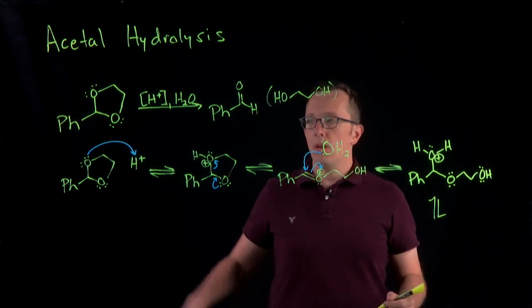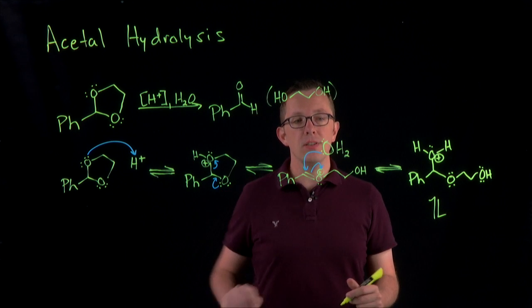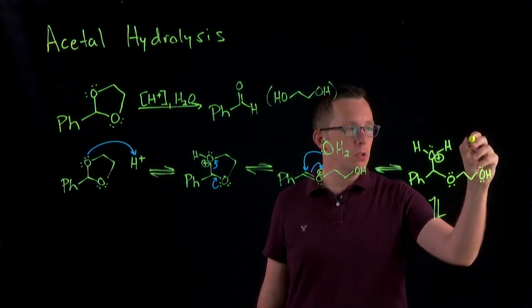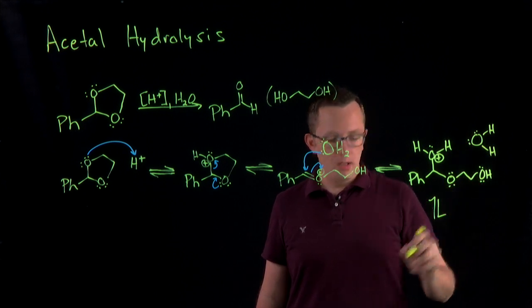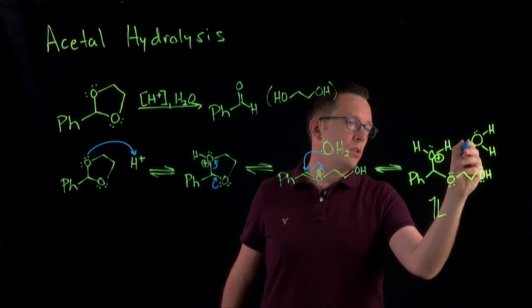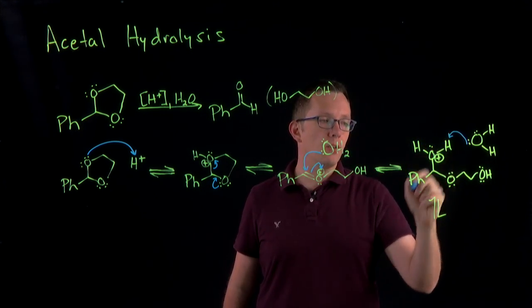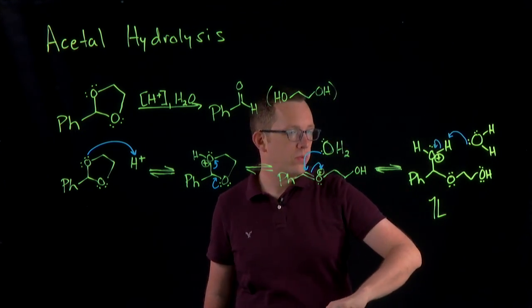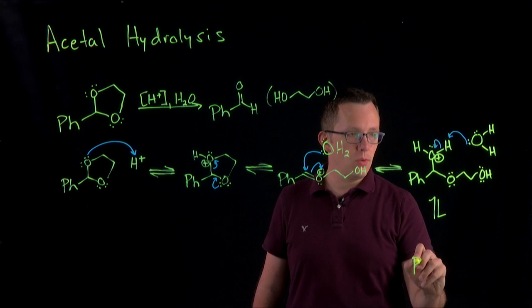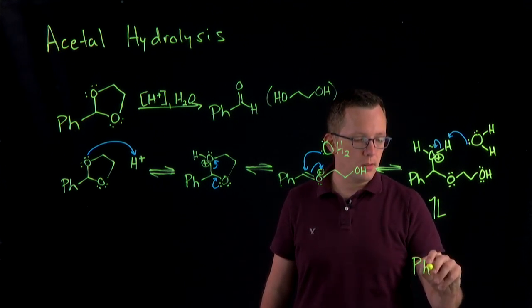So here, our best base under these conditions is going to be another water molecule. So we'll draw out water and have water deprotonate one of these extra hydrogens here, pushing these electrons towards our oxygen, and that leads us to another neutral intermediate.